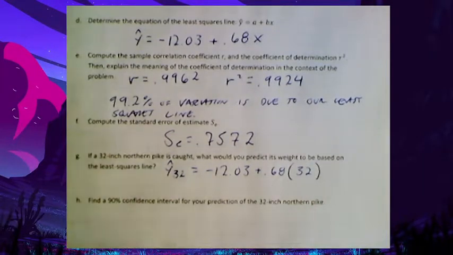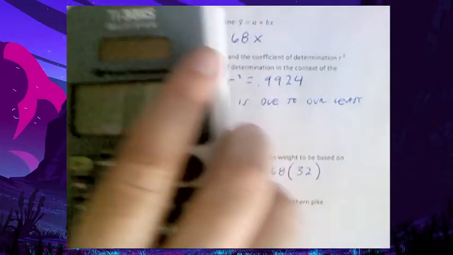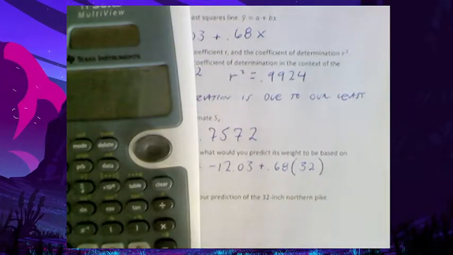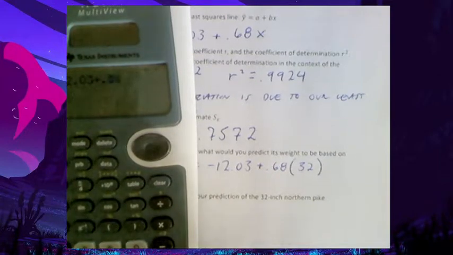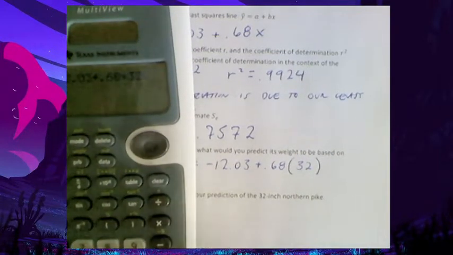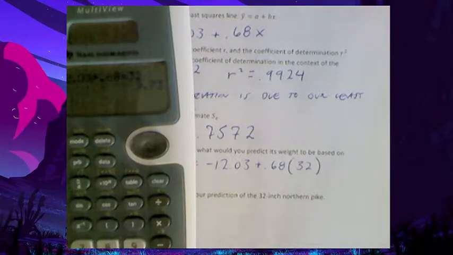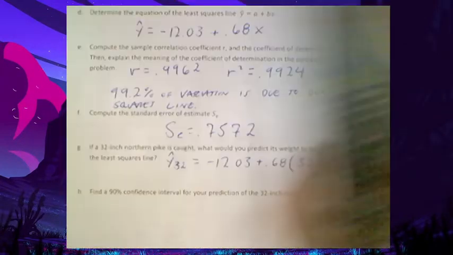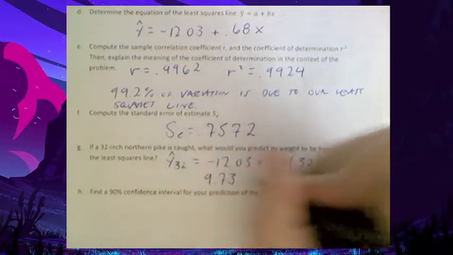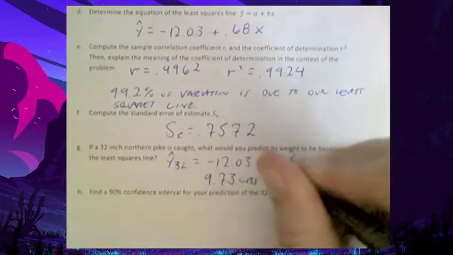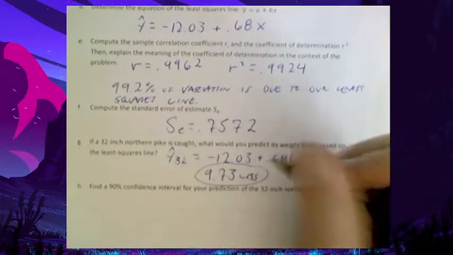Okay, so I would go to my calculator and do negative 12.03 plus 0.68 times 32, and I get 9.73. 9.73 pounds is my prediction, right?